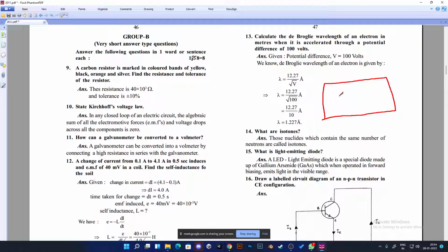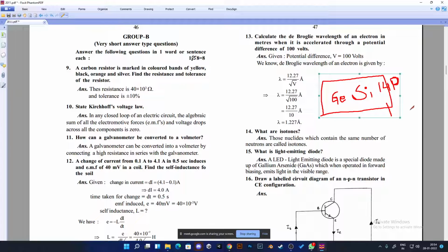But look at this. Okay, let's take germanium, or silicon also. Silicon has how many protons? 14. Silicon has how many electrons? 14. So you tell me now, silicon is neutral or positive, or which one?